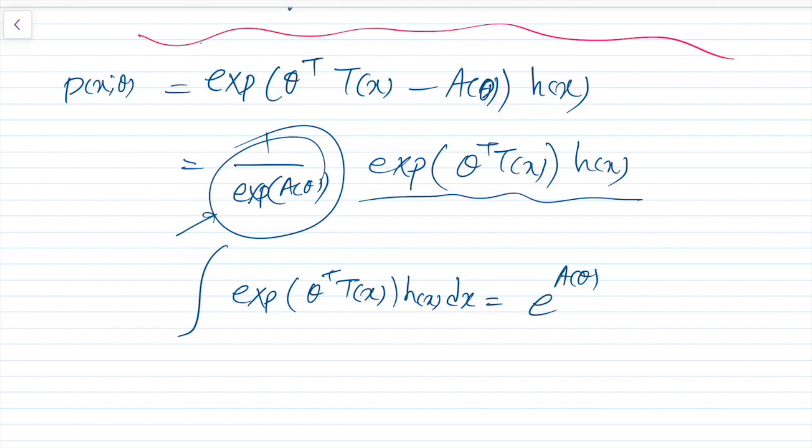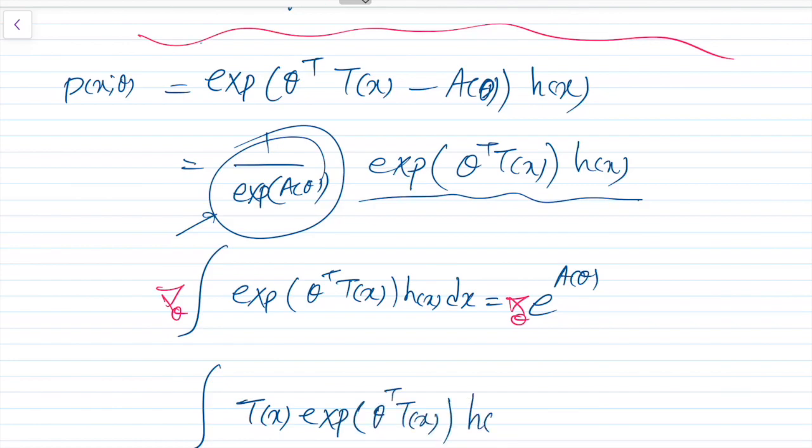Let's take a gradient with respect to theta. So the gradient with respect to theta is going to be T(x) exp(theta transpose T(x)) h(x) dx, and this is going to be the gradient of e to the power of A(theta), right?